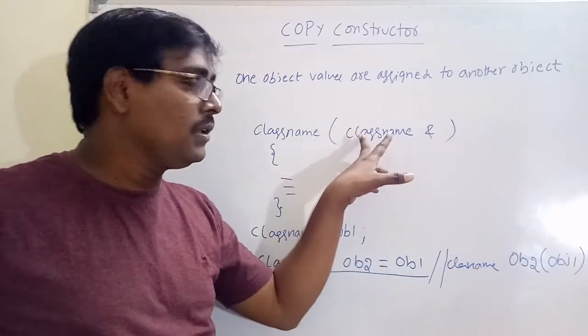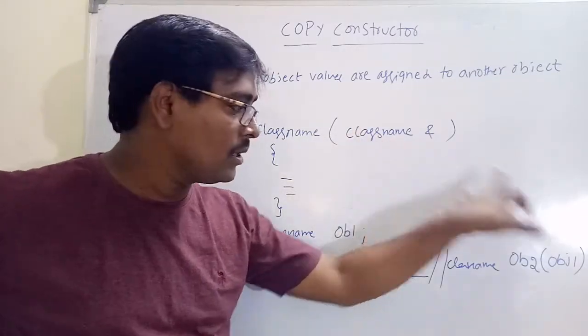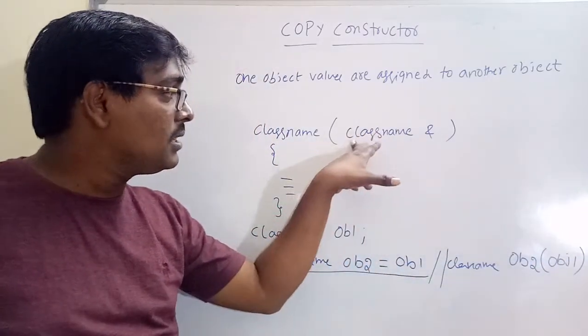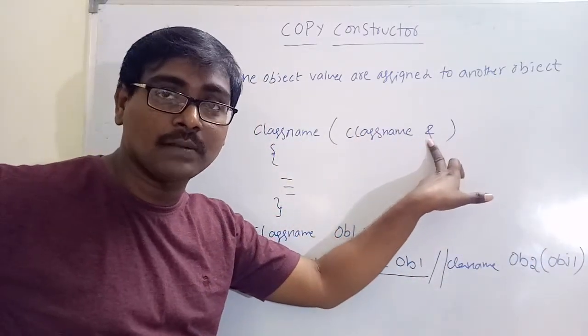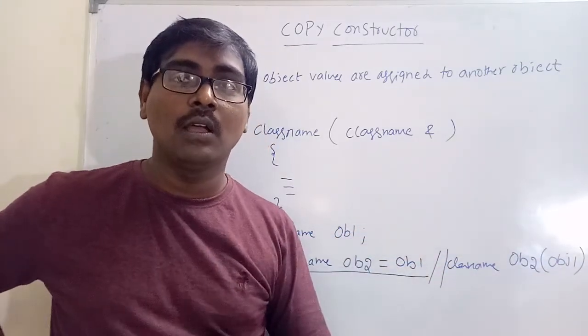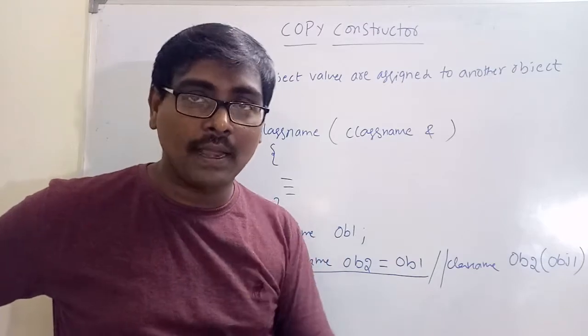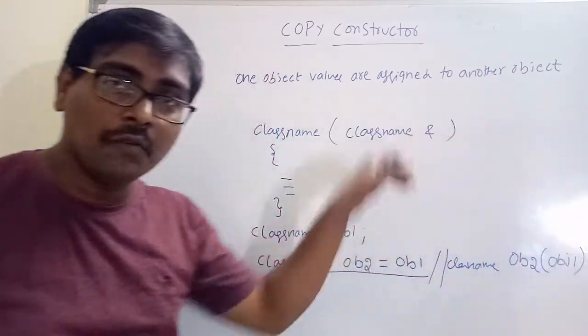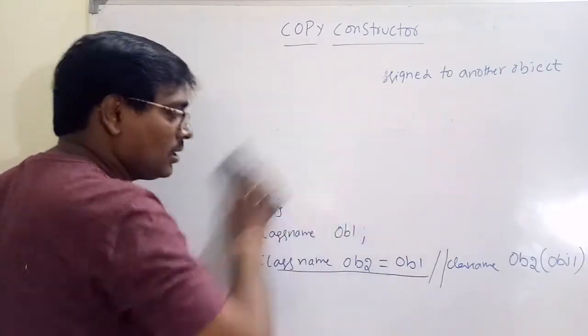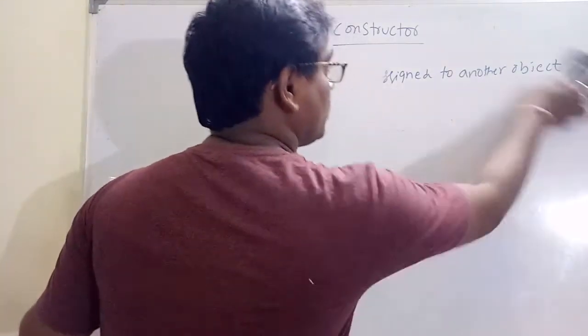For example, if you have int a, int b, in this we are passing some integer values, but in this we have a class. So we have to pass an object because an object is of type class. Now consider a simple example to illustrate the copy constructor.